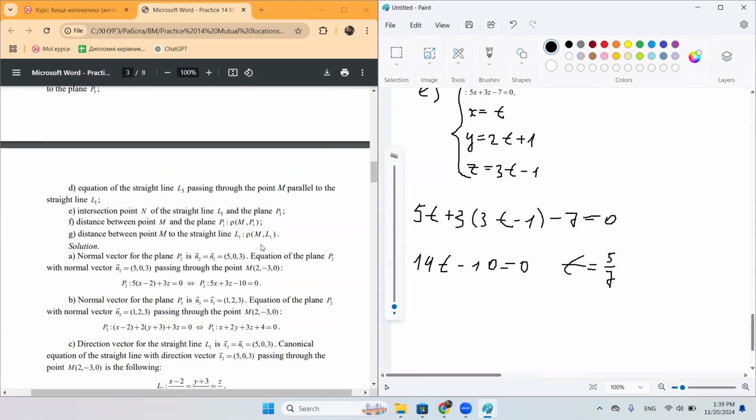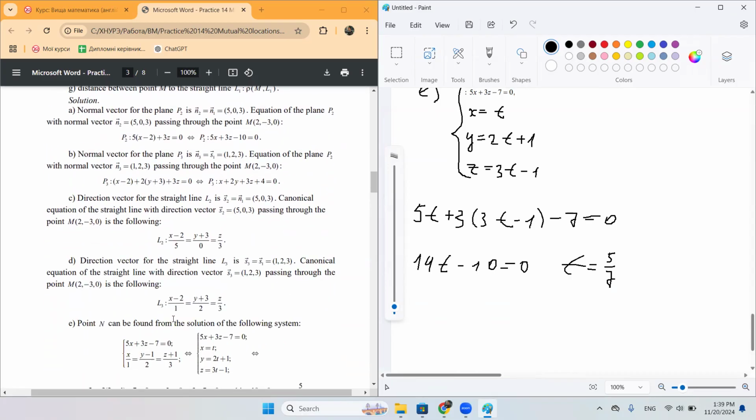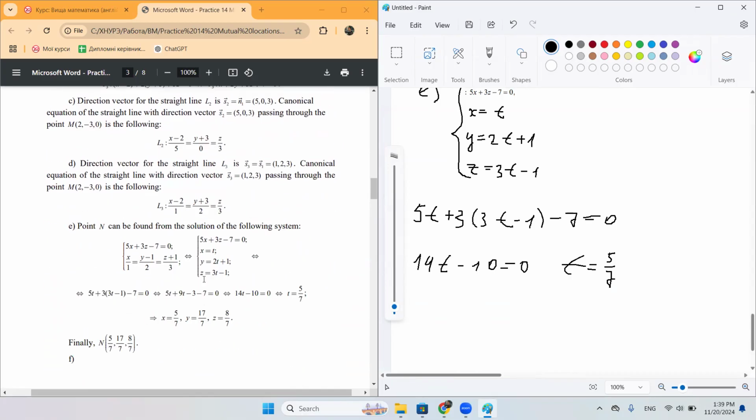Okay, let me not calculate these fractions. I believe you will forgive me. And so let's just believe that everything is correct here.